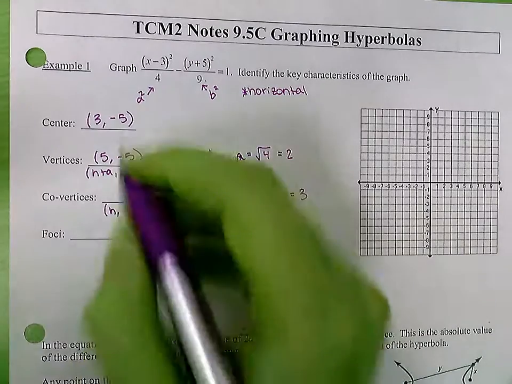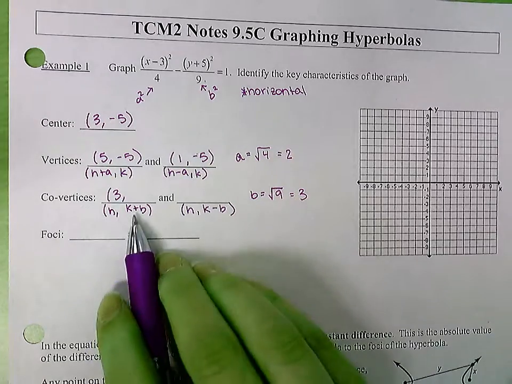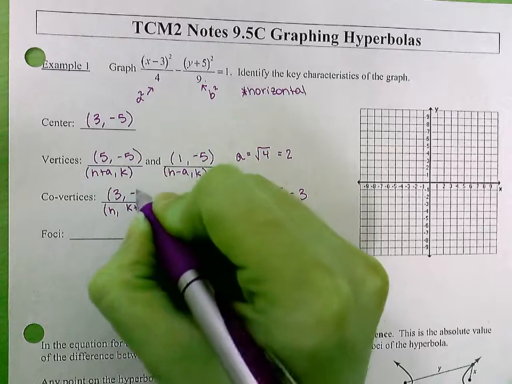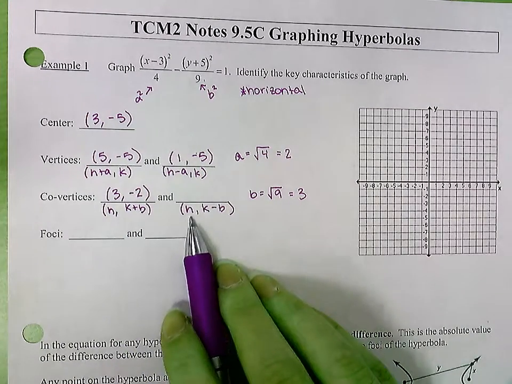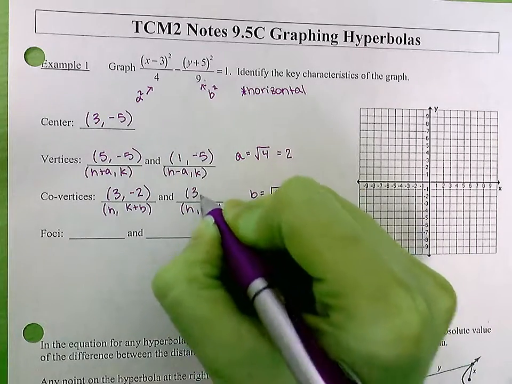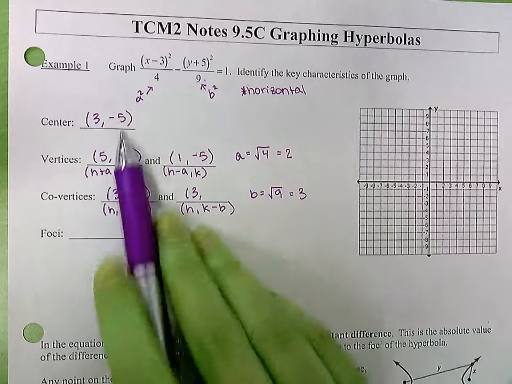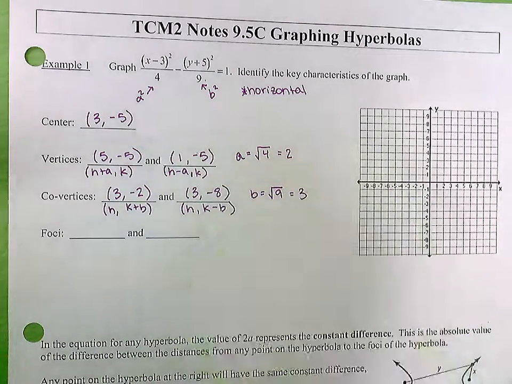So for our co-vertices, h stays the same from our center, so we still have 3. And then we'll take our k value of -5, add on 3, to get -2. For our second co-vertex, again keeping h the same, our k value -5 minus 3 gives -8.